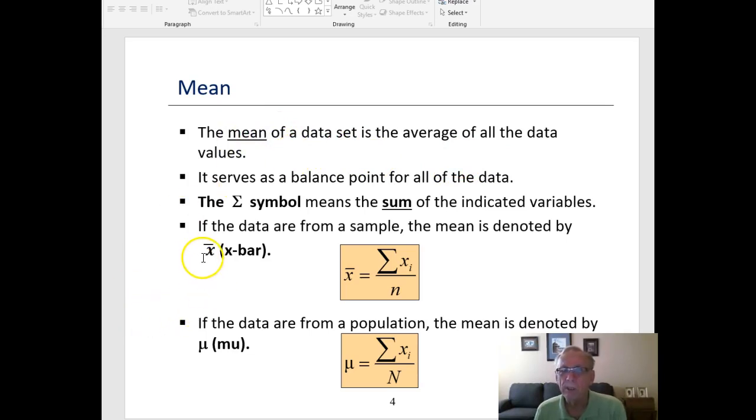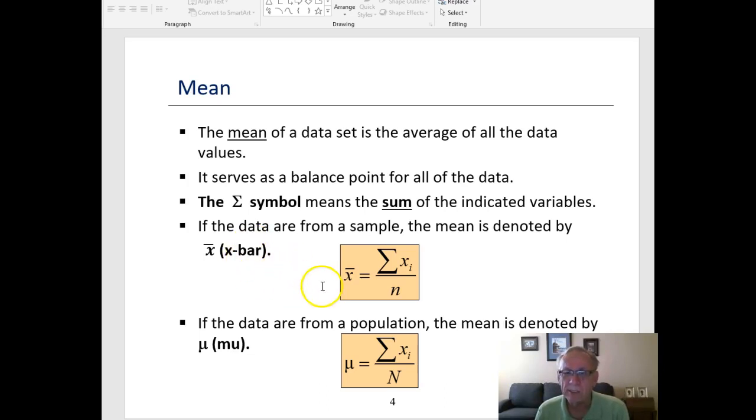Please note in the formulas, first of all, this represents sum, the symbol sum. X bar is the mean. It's the sum of all integers divided by the quantity in the sample.